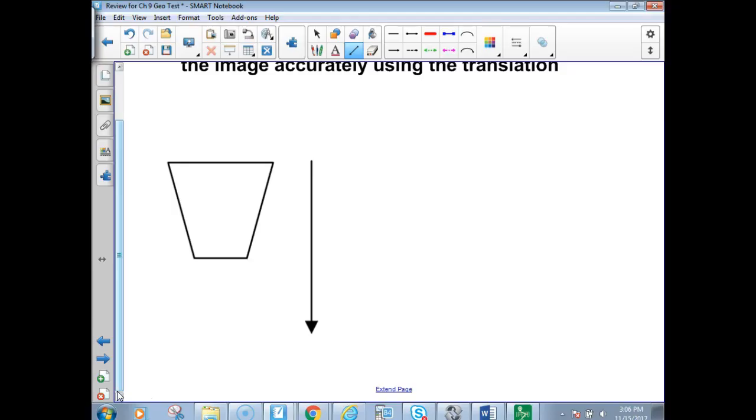Get some of my stuff out of the way. All right, my computer was not cooperating with me using the document camera, so I'm going to have to just tell you what to do.